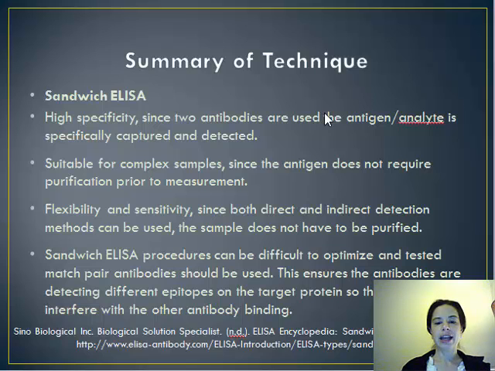It's flexible and sensitive because for your detection, you can use direct or indirect methods. However, it requires some optimization because, since there are 2 antibodies, you have to make sure that they don't interfere with each other and that they give the highest signal and sensitivity that you can get with that pair.